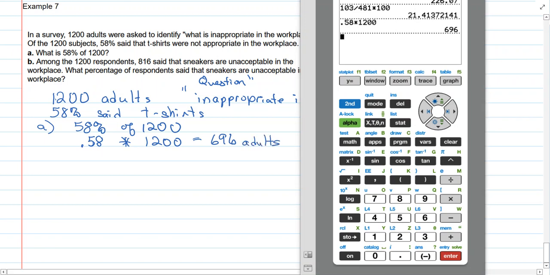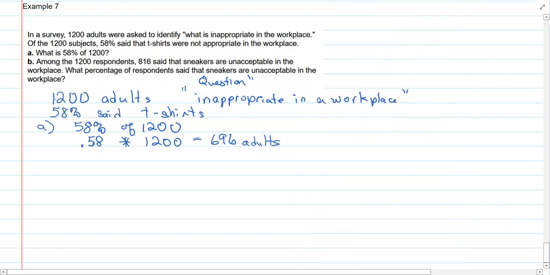All right. So what's the second one? It says, among the 1,200 respondents, 816 said that sneakers are unacceptable in the workplace. What percentage does that represent? So we have, in this case, 816 out of the 1,200 times 100, and then we add the symbol after the number.